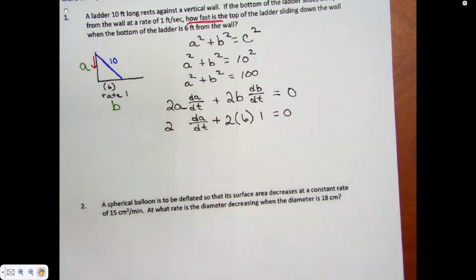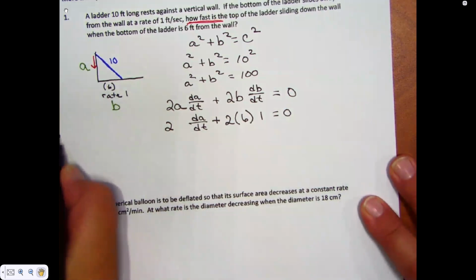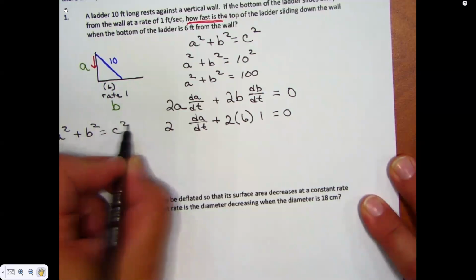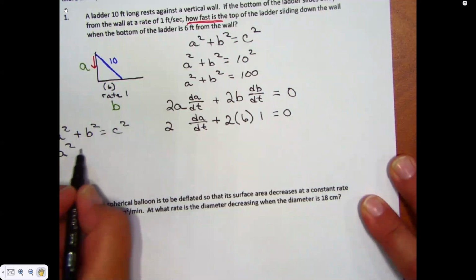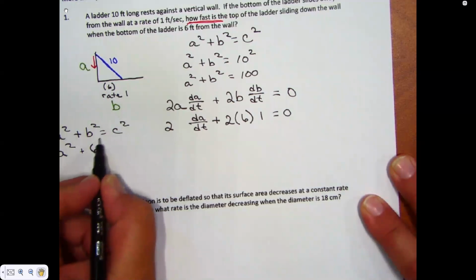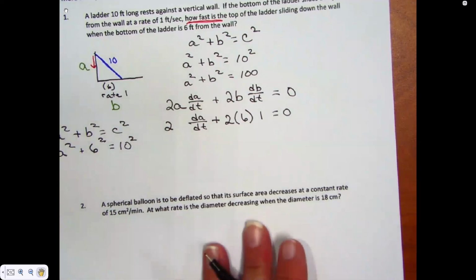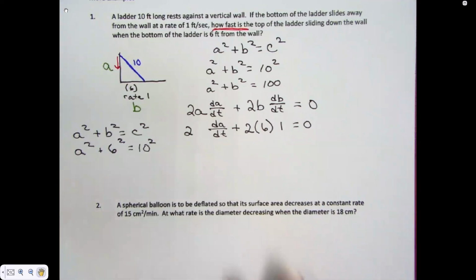This is the only hard part, or the part you have to remember for the Pythagorean theorem. At that moment in time, we can do a squared plus b squared equals c squared. And we can go find A by plugging in the 6 and plugging in the 10. Once I've taken the derivative, then I can use the 6 again. That's fine.